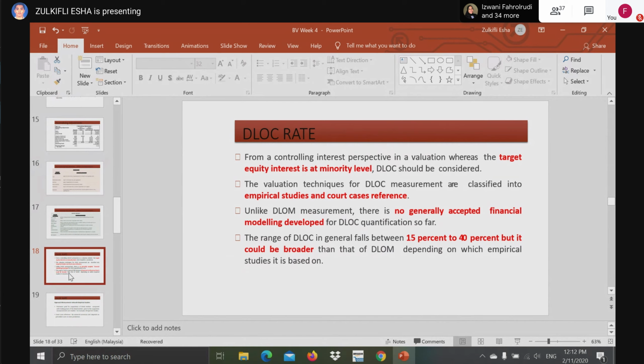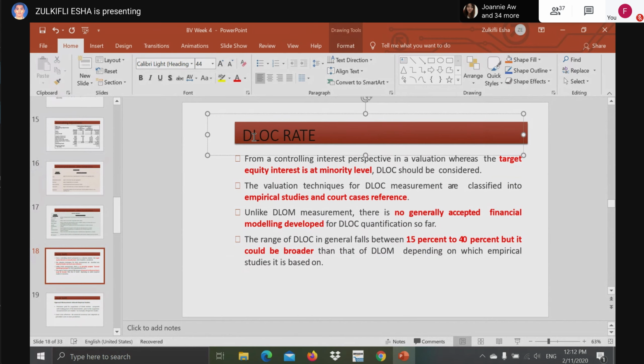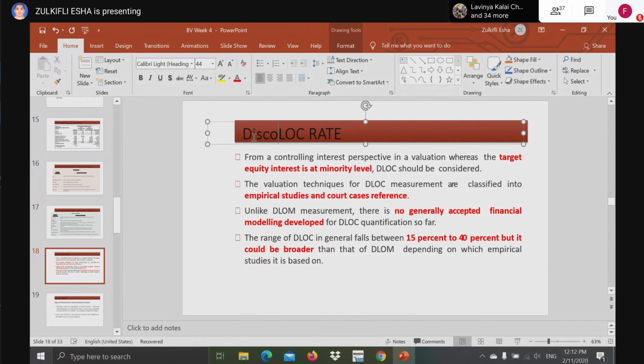For your slide purposes, maybe I need to put it in full here: discount for lack of control, and I put in brackets DLOC, just to make sure that some of you will be familiar with the term.